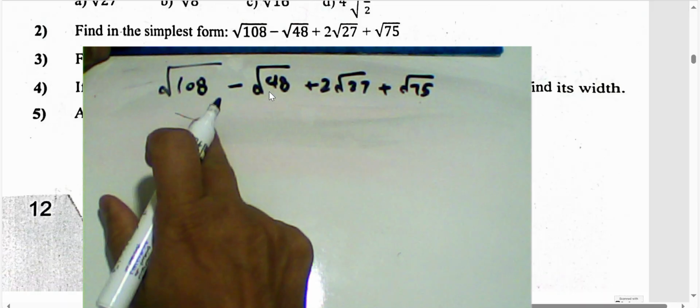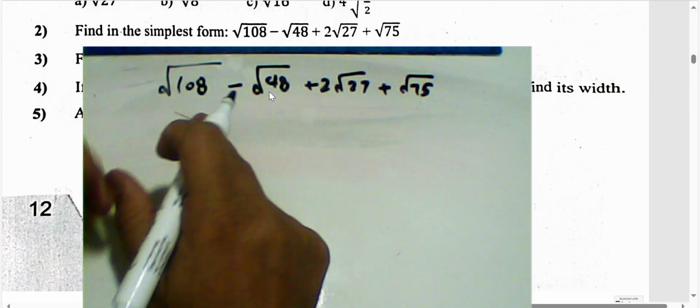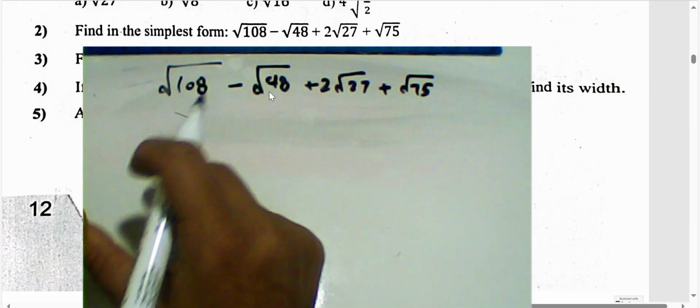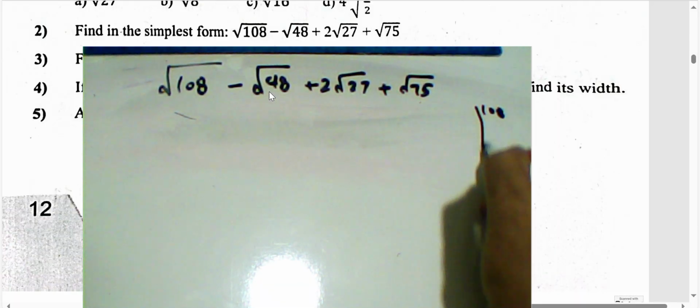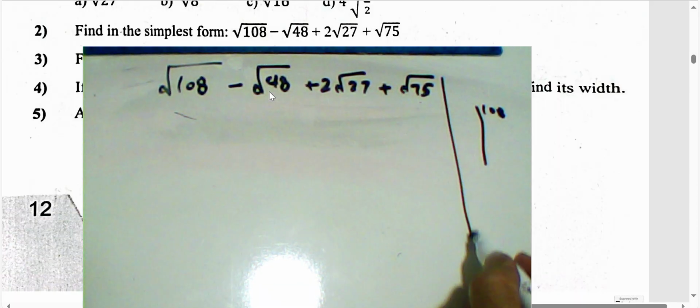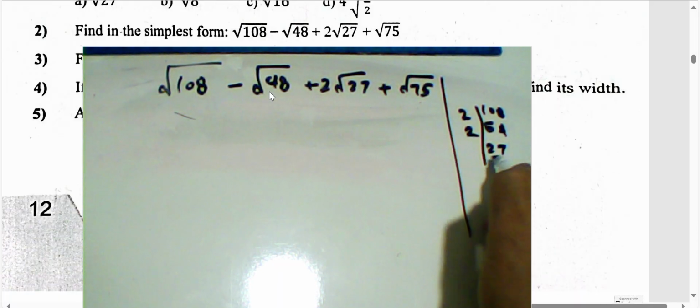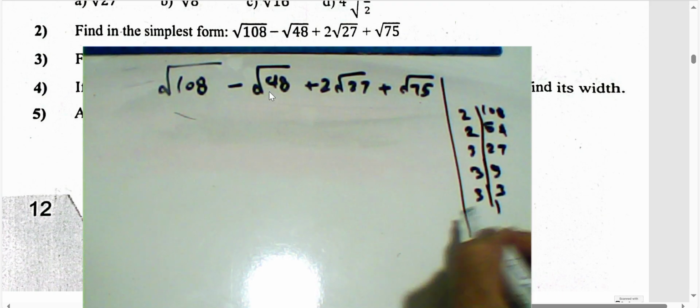We want two numbers whose product equals 108. You can factorize this number: 108 divided by 2 equals 54, 54 divided by 2 equals 27, 27 divided by 3 equals 9, 9 divided by 3 equals 3, 3 divided by 3 equals 1.